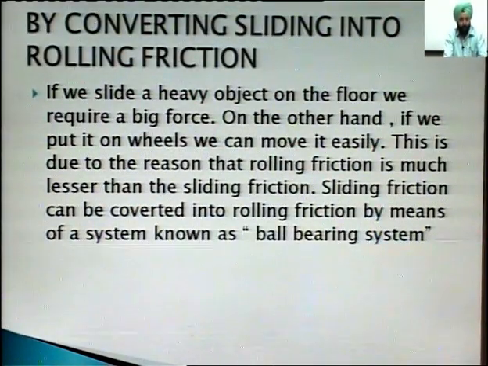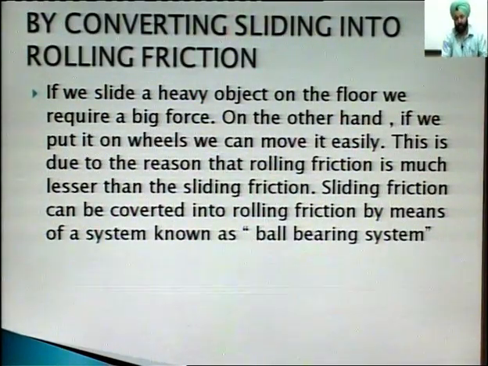So, when it becomes rolling, the rolling friction will be much lesser than the sliding friction. If we can convert sliding friction into rolling friction, then this is the third method by which we can reduce our friction to a greater extent.